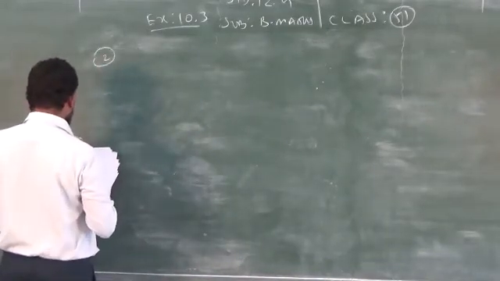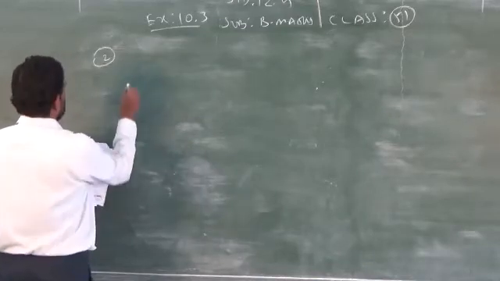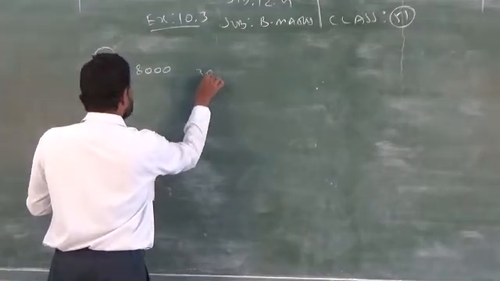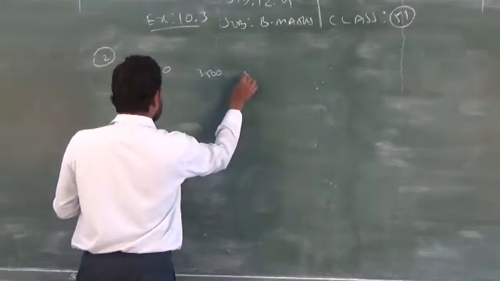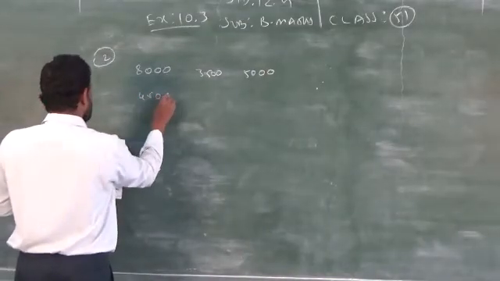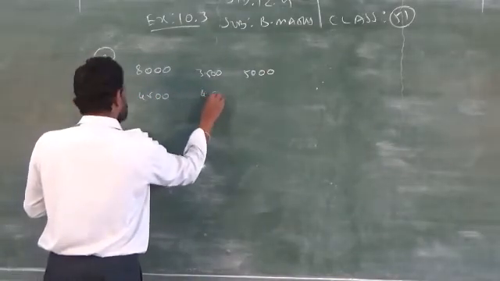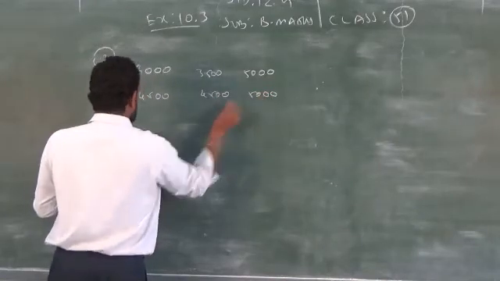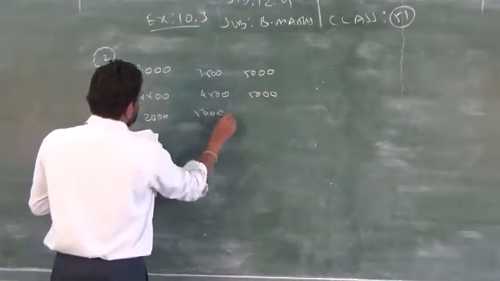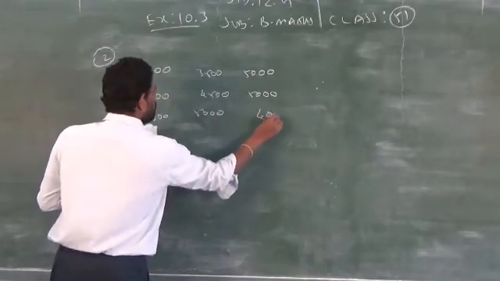Okay, now we have the columns 8,000, 3,500, then 5,000. The next column 4,500, again 4,500, 5,000. The last row 2,000, 5,000, here 4,000.